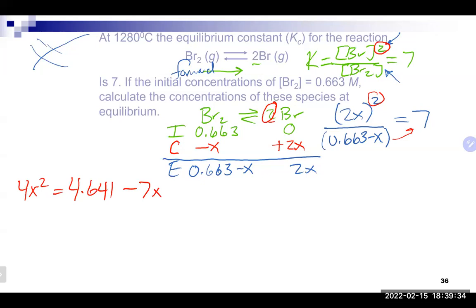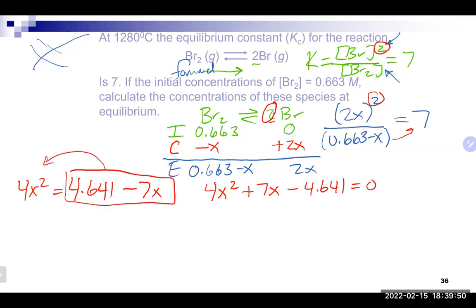So I'm going to move everybody here to the left-hand side. That would give me 4x squared plus 7x minus 4.641 equals 0. So again, basically, I moved everybody to that side to set it equal to 0. Any questions up to there?